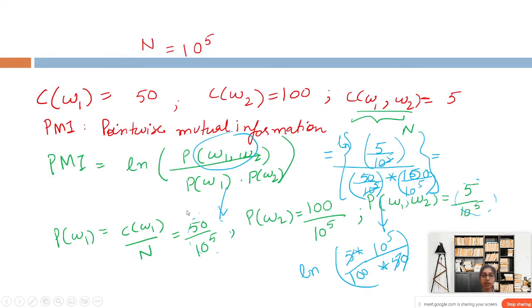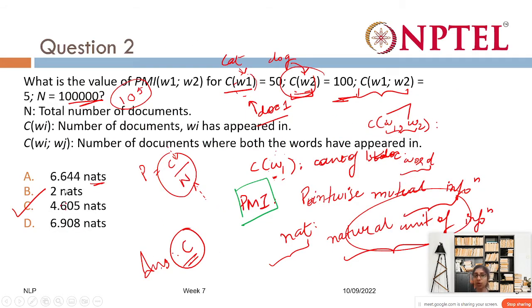But in the options, it does not correspond if you try to solve by taking log. It will come out, I think, by taking the natural log. Okay, so when I applied log, I get 2 nats. So that only I put in the chat box. 2 nats. Okay, I think you go with this natural log. Yes, ma'am. Okay, thank you.